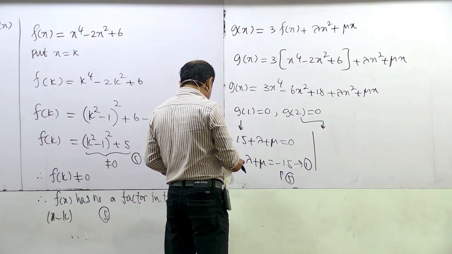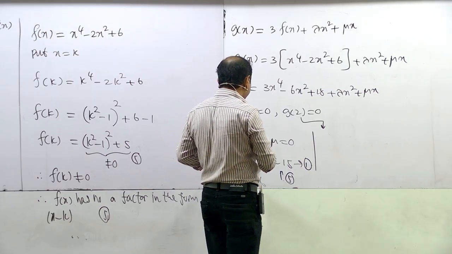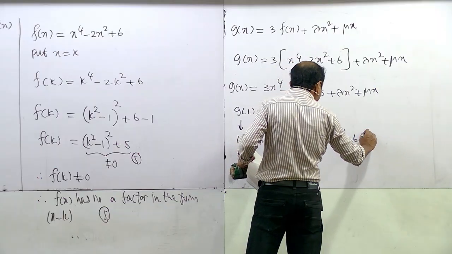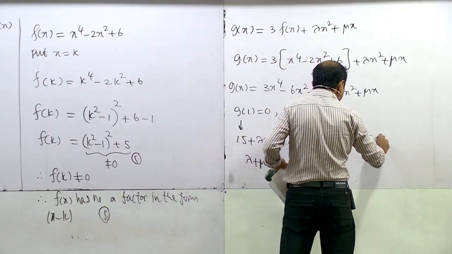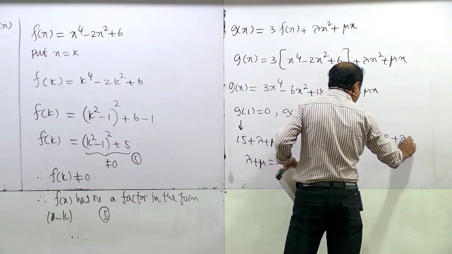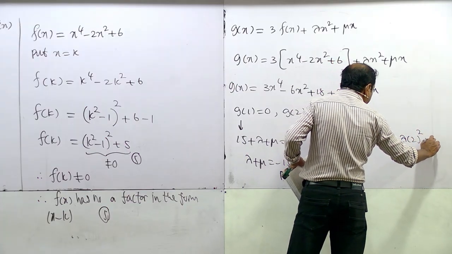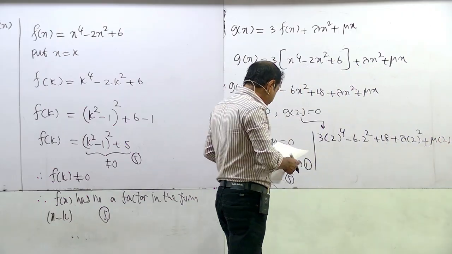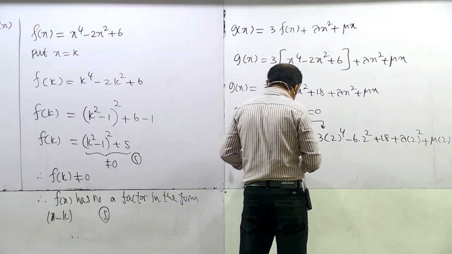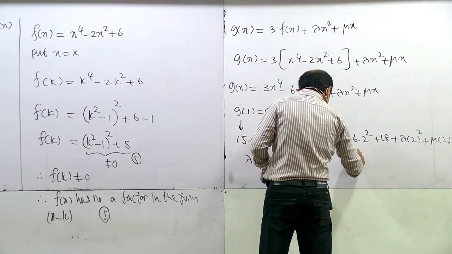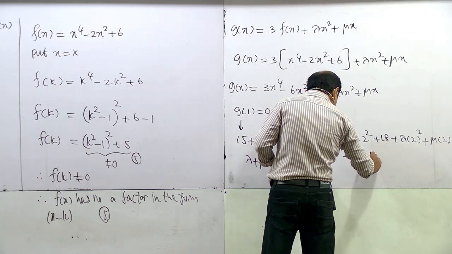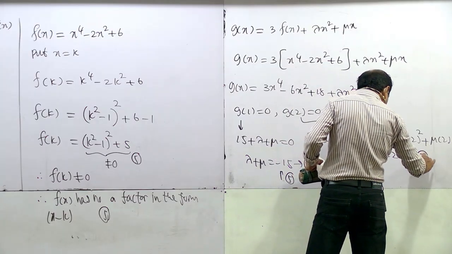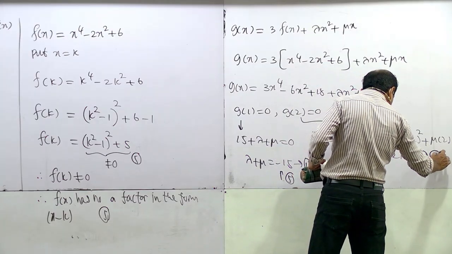Secondly, g(2) equals 0. Put x equals 2 here: 3 into 2 to the power 4 minus 6 into 2 squared plus 18 plus lambda 2 squared plus mu 2. This should be 0. Once we simplify this, we get 4 lambda plus 2 mu equals minus 42, that is, 2 lambda plus mu equals minus 21. This is number 2. For this, we get another 5 marks.